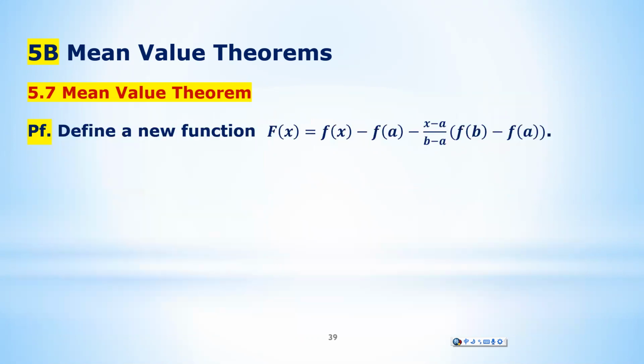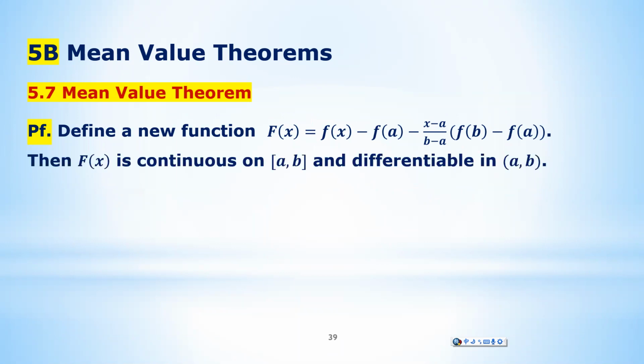So this means that we consider this new function. Then you can easily see that this new function is still continuous and differentiable in (a, b), because a linear function is always continuous and differentiable, and the little f also satisfies this condition. Now, very importantly, you'll see that F(a) and F(b) equal 0. This is obvious from the graph, but it's also obvious from the formula.